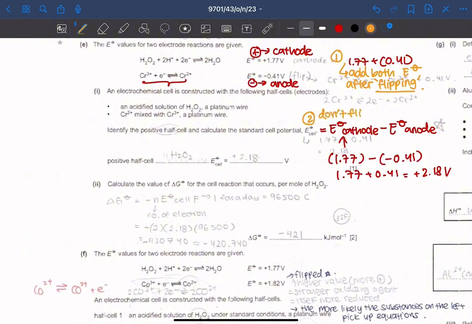And when you don't flip the E naught, you can use this formula of E naught of cathode minus E naught of anode. Okay, moving on to the next question, II.